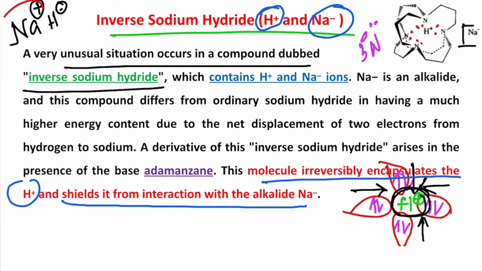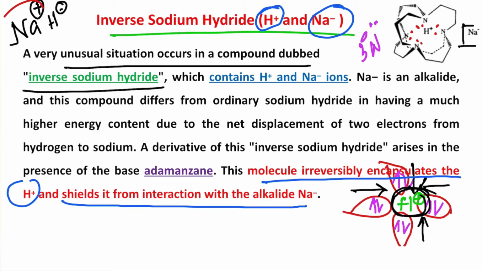The interaction between these 4 nitrogens and the proton is so strong that it irreversibly binds the proton, point number 1. And since it encapsulates the proton, the sodium minus can't give its electron back to this H plus, because sodium is not that comfortable bearing an additional electron which creates the negative charge, but because of this shielding it can't give.